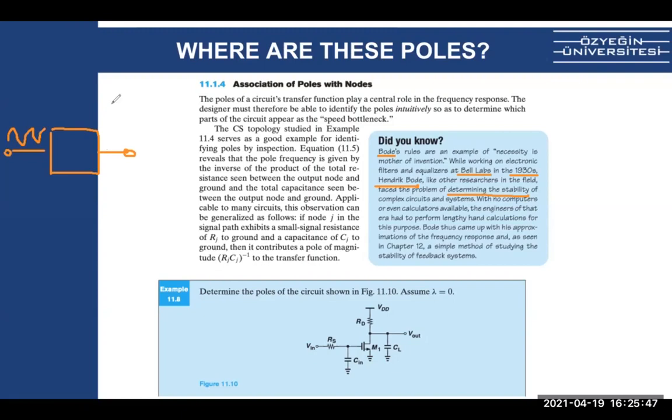But if the output changes, for instance, the output is now this, but after 10 seconds, output became this. Then after 10 seconds, output became this. Then this circuit is not stable, right? Because you don't have a deterministic output. You cannot determine H(s), okay? Which means V out over V in, right?